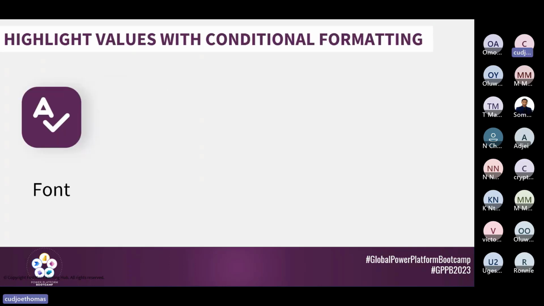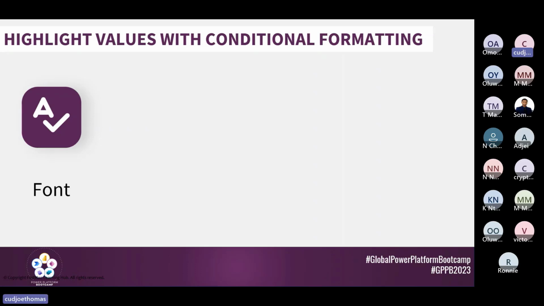The other option that we also have when it comes to improving user experience is to highlight values. And when you highlight values within your report or your dashboard, it makes it easier for your users to find the information that they need. And this is one of the ways that you can improve your user experience with your Power BI report. And within Power BI, we have conditional formatting that helps you to highlight numbers within your visuals.